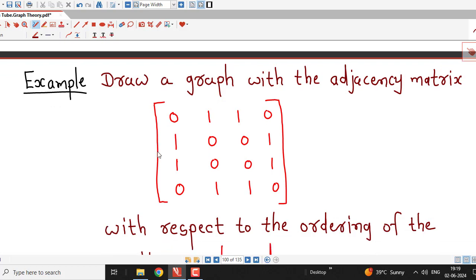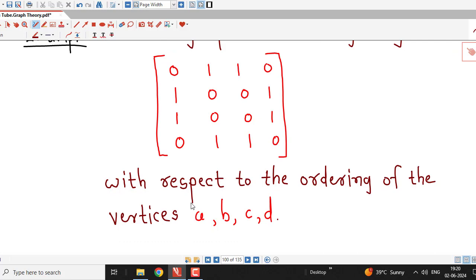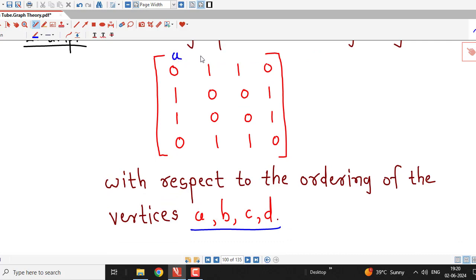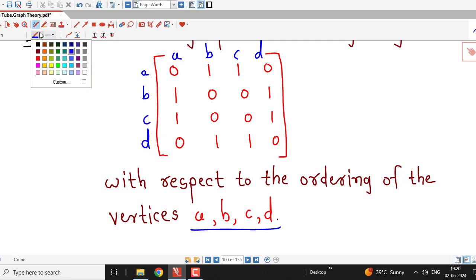Sometimes they can give you the adjacency matrix and ask you to write down the corresponding graph with respect to the ordering of the vertices. Here the ordering is given: use this order and draw the corresponding graph. So here we can see the order is A, B, C, D. Suppose I want to draw the graph, then I will require 4 vertices.